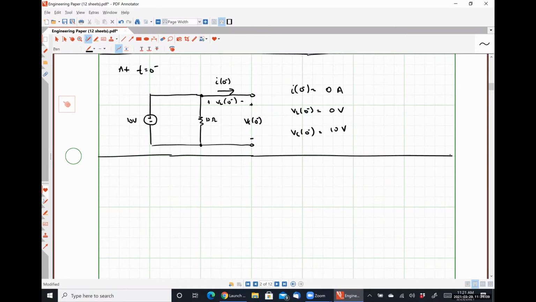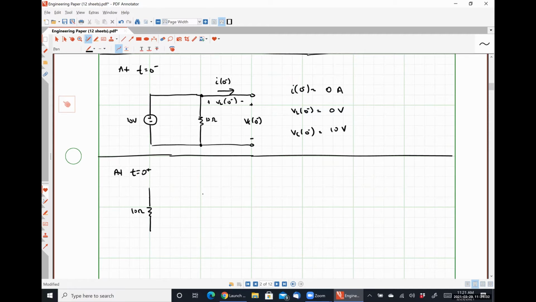at t is equal to 0 plus. At t is equal to 0 plus, our voltage source has been disconnected, so I'm no longer going to bother drawing it. So we have our 10 ohm resistor.